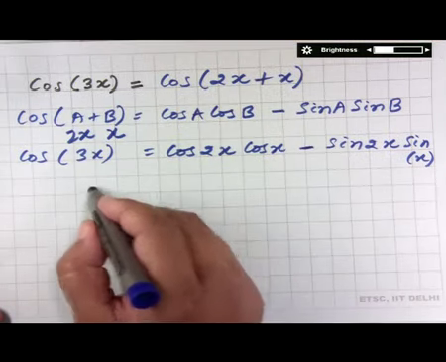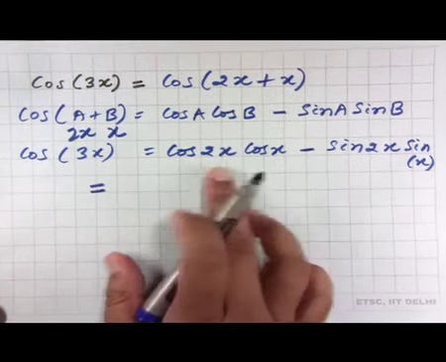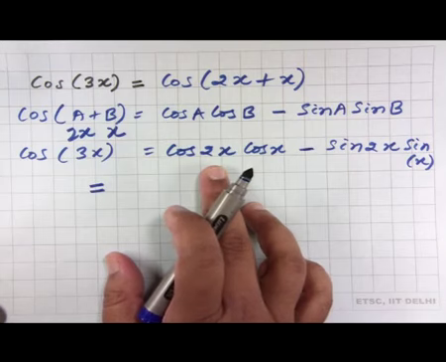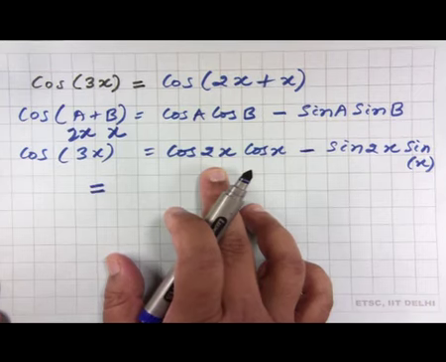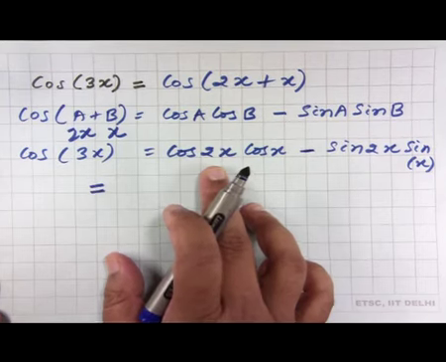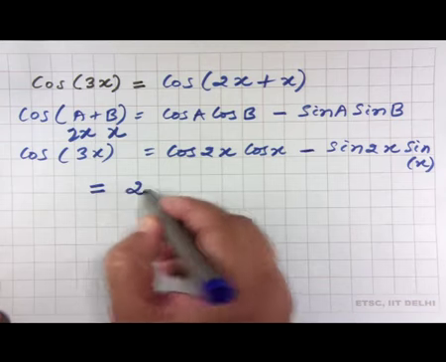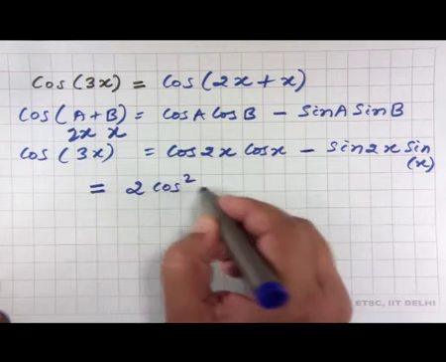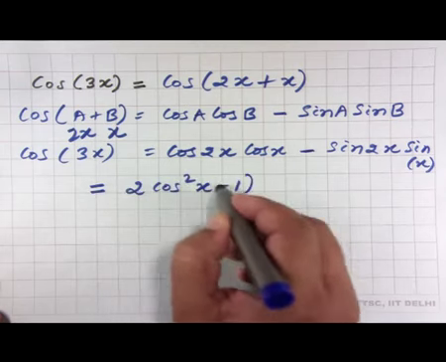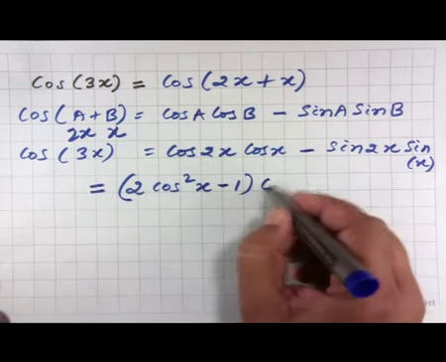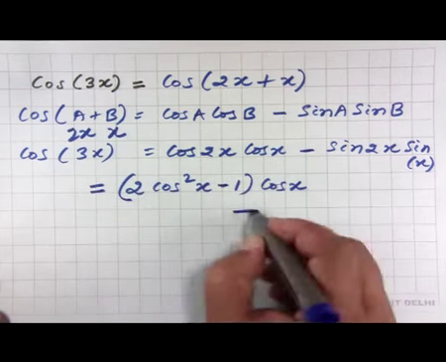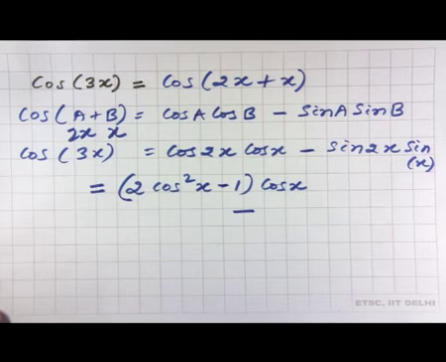which is equal to, now we know that cosine of 2x is equal to 2 times cos square x minus 1. So, we use that result which we had derived earlier, times cos x minus, and we had also derived that sine of 2x is 2 times sin x cos x.